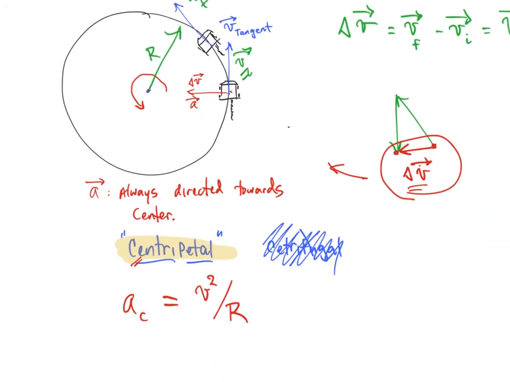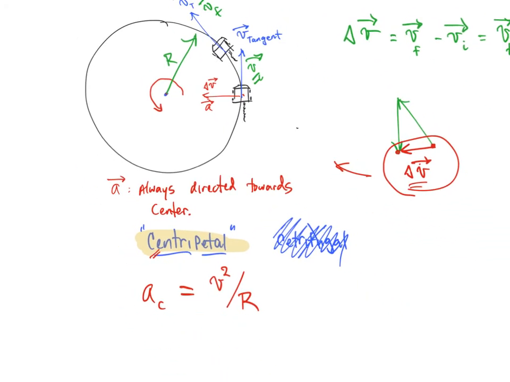Now, the r vector, if we wanted to define this as a vector, is always a vector that locates the object, in this case the car, relative to the center. So the r vector, as I've drawn it here, is pointed from the center outward. Which means if I wanted to turn the centripetal acceleration into a vector, to give it a direction, I need to indicate that the direction is exactly opposite from the r vector.